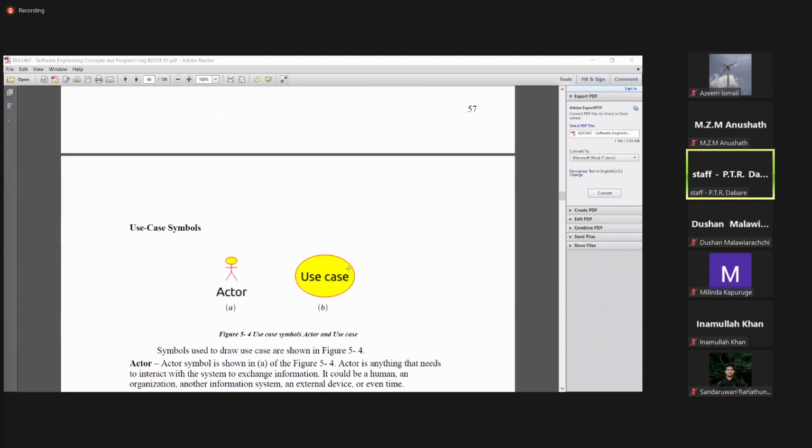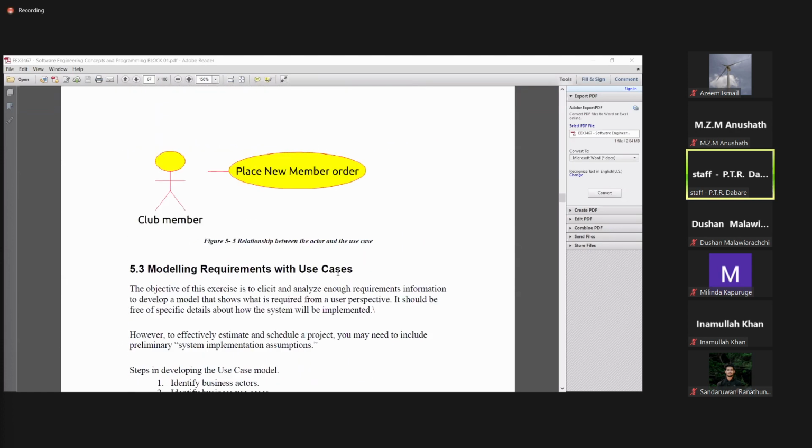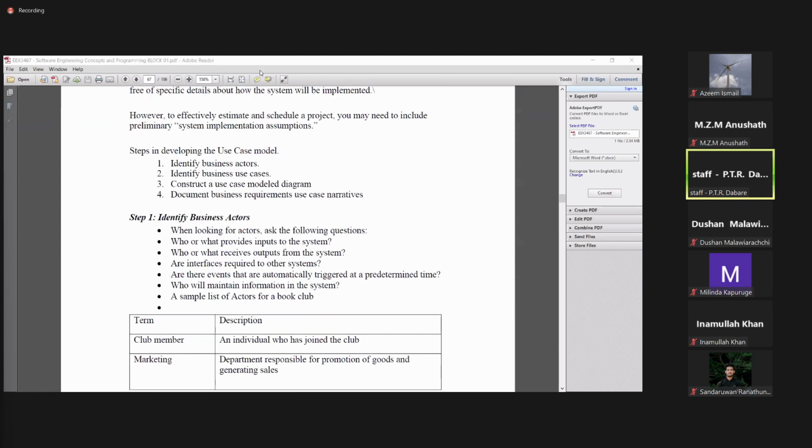Okay, so then, read about these actors, read about the use case associations. Right. So how to draw a use case diagram is given here.